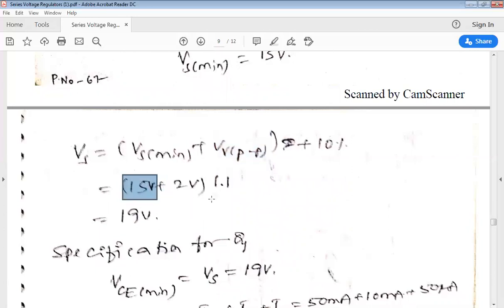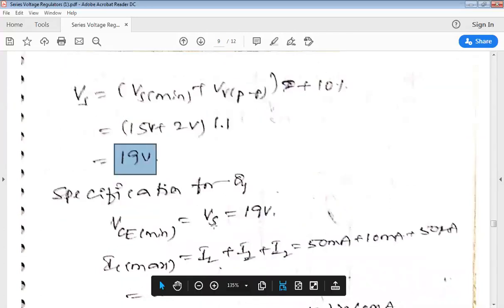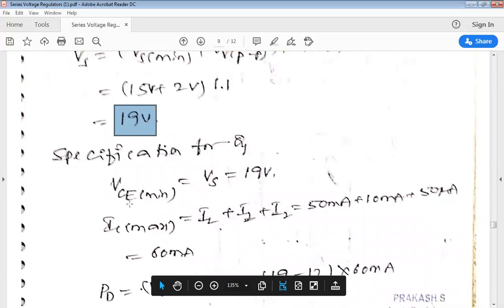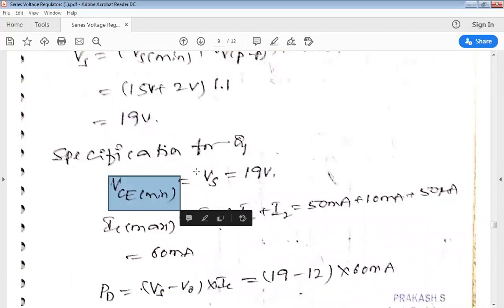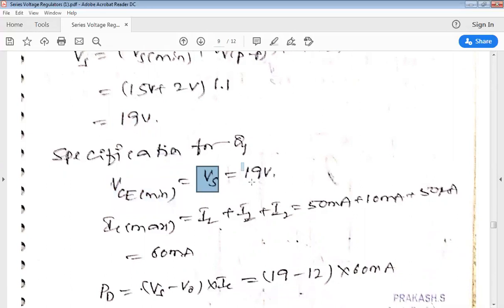Vs minimum is 15 volts, the ripple voltage is 2 volts, and with the 10% line voltage change, that is 1.1 times, I am going to get nearly around 19 volts. That is the specification for Q1: Vs is equal to 19 volts.